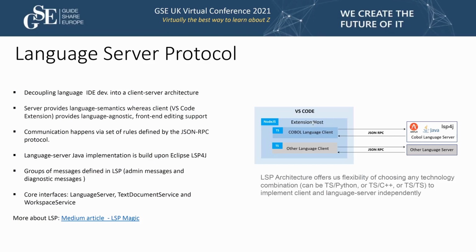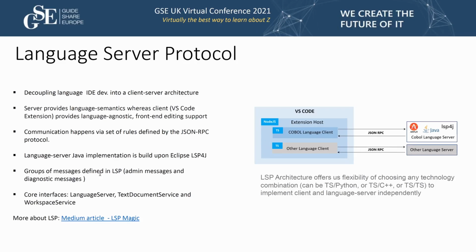The JSON is mainly for requests and responses. They communicate using the request ID and the method name, and according to that, the communication happens aware of the position and the document URI where the document is located. So this is how communication happens.